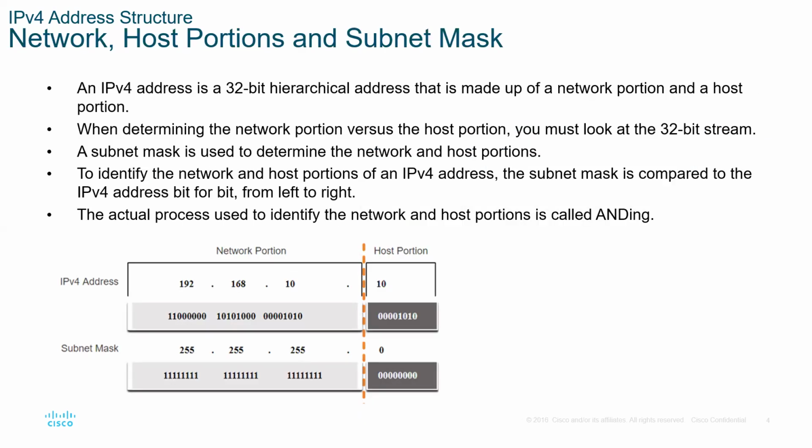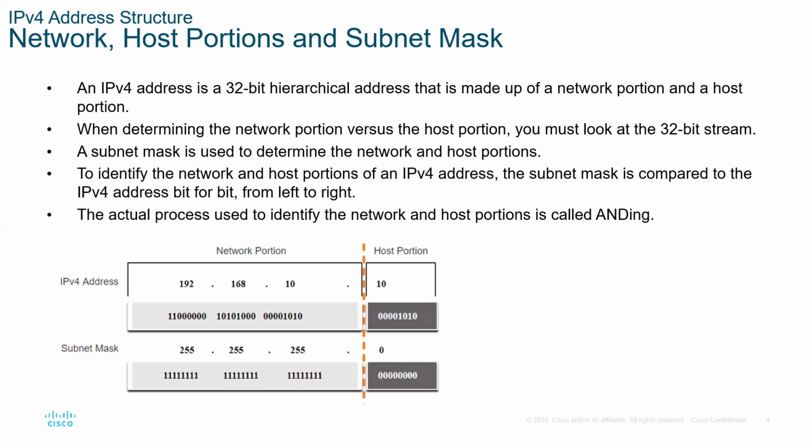To identify the network and the host portion, the subnet mask is compared to the IPv4 address. The actual process used to identify the network and the host portion is called ANDing. All right, these slides, they probably put a lot of wording on very simple stuff.